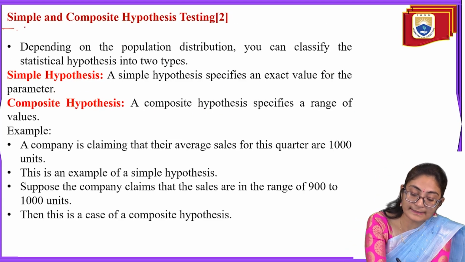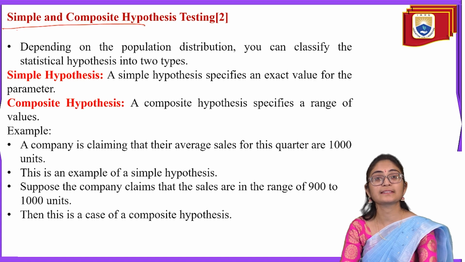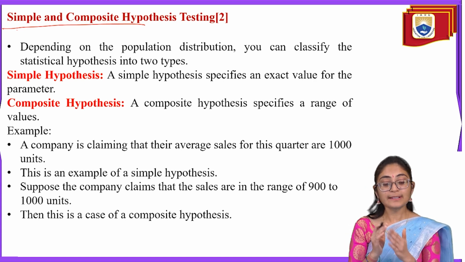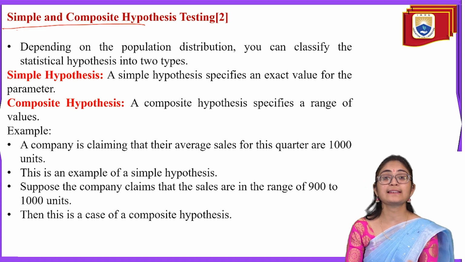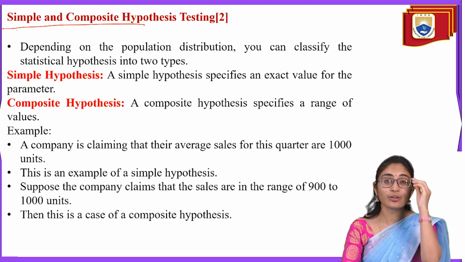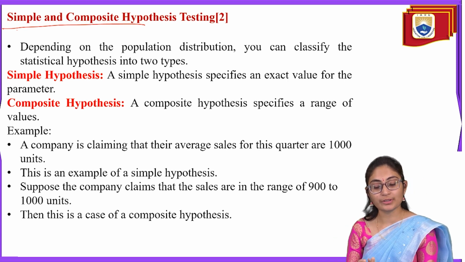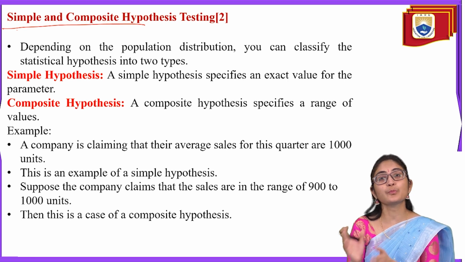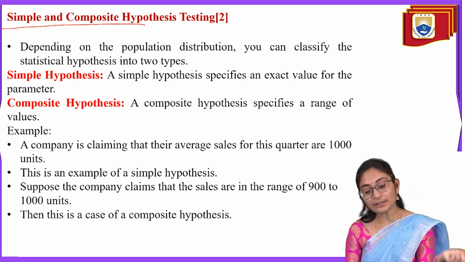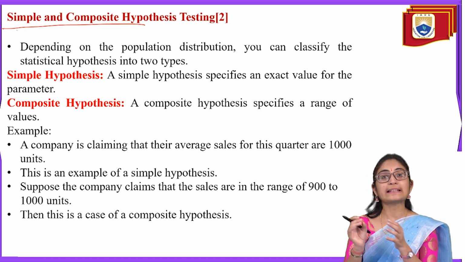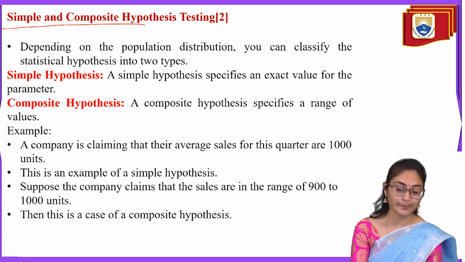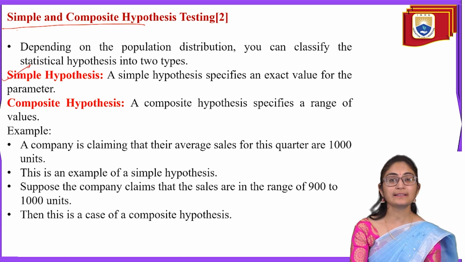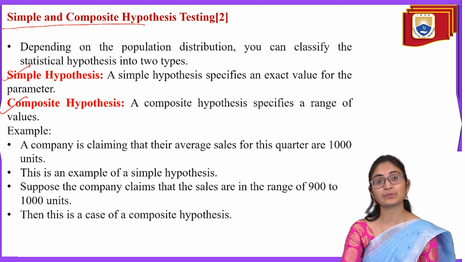Now we will see simple and composite hypothesis testing. Both depend on the population distribution, on which type of population you are using. Now you can classify the statistical hypothesis into two types. First is a simple hypothesis and another one is a composite hypothesis.